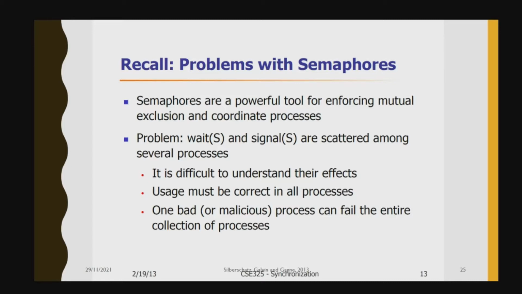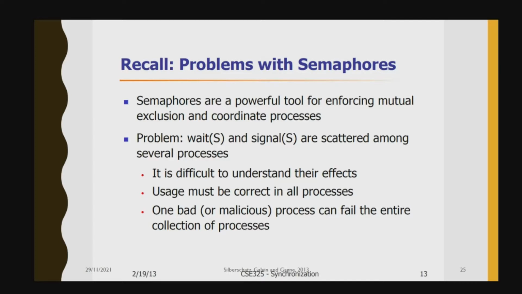Okay, semaphores are a powerful tool for enforcing mutual exclusion and coordinating processes. This recalls the previous video on semaphores. We have wait and we have signal. The wait and signal functions are scattered among several processes, so it's difficult to understand the effect.